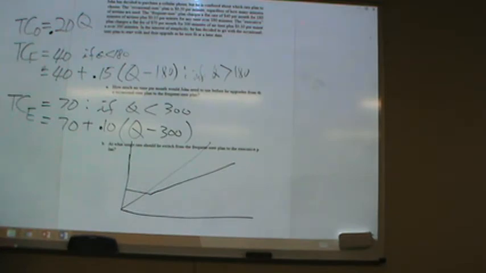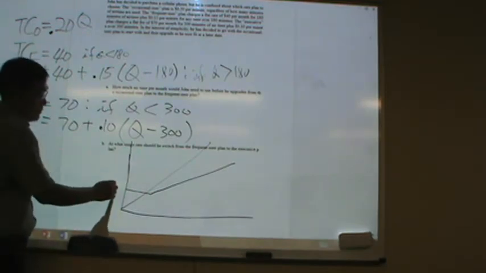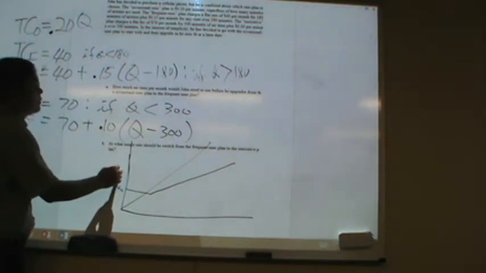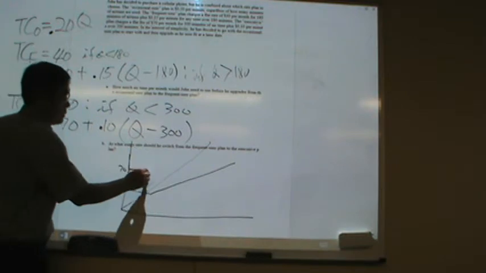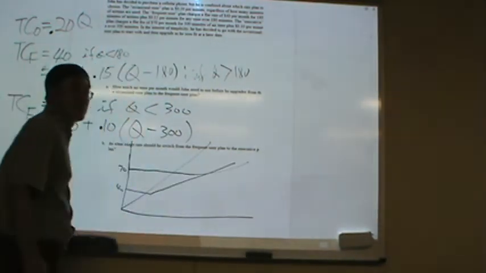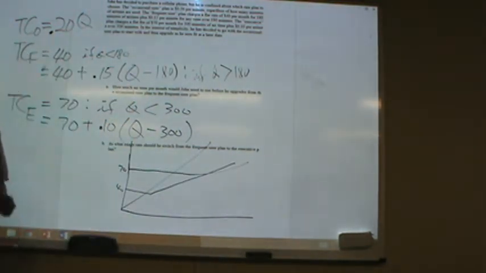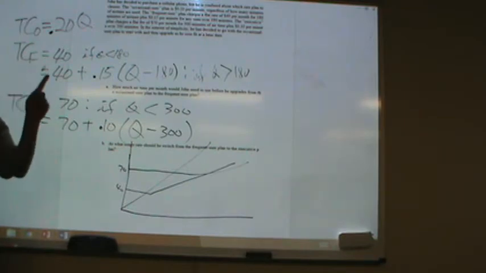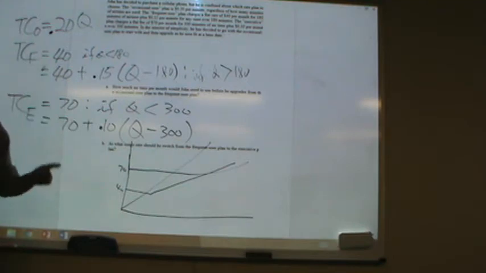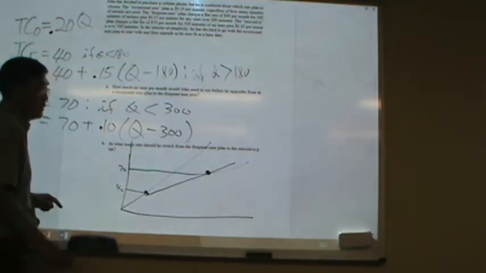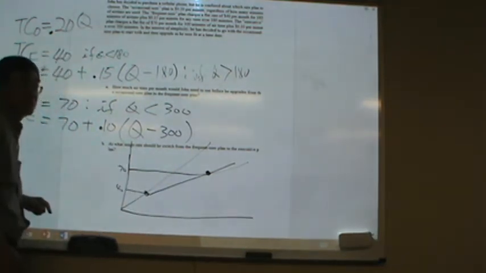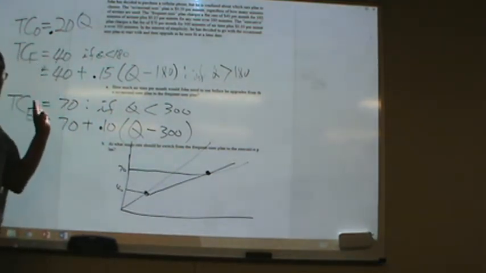Third option, this is 40 and then 70 and up 10, right? I told you, if there are three options, then there are two important points, right? Here and here. This one is not important. Two sides.